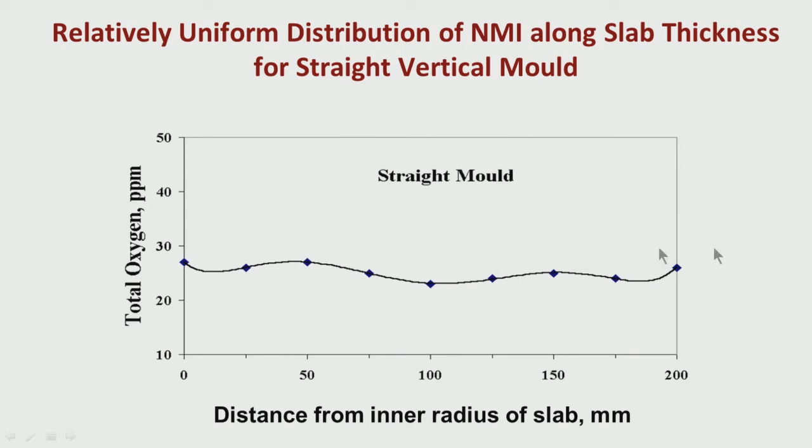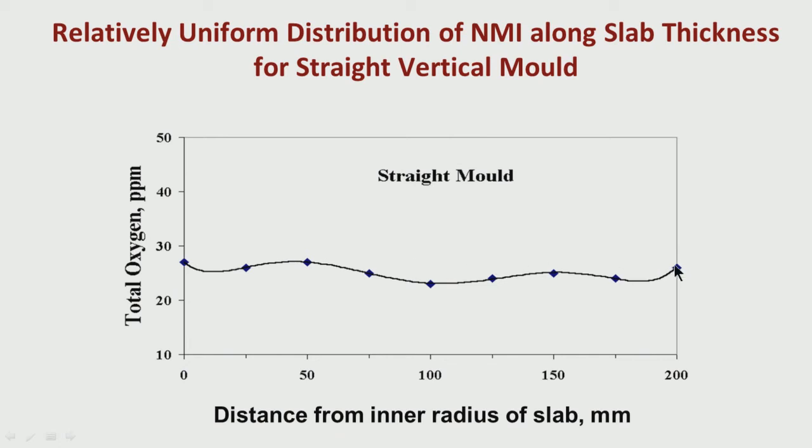This is important, so how did we analyze it? We drilled samples. It is a 200 millimeter thick slab. From the surface we drilled, then went in about 25 millimeter and drilled again to get a sample, then drilled another 25 millimeter and took a sample.